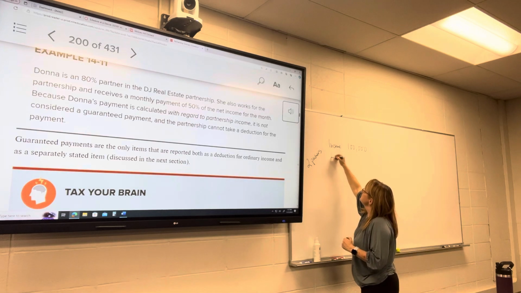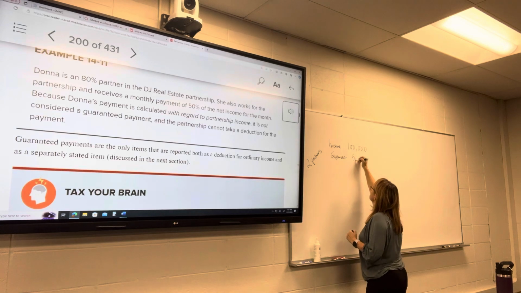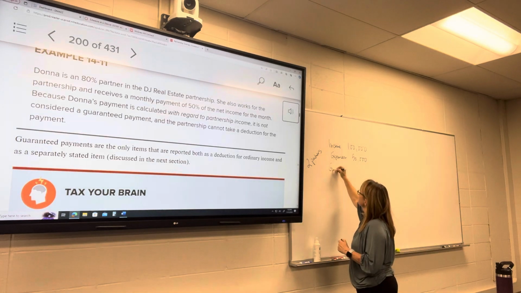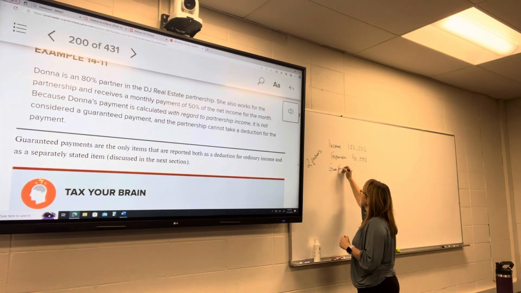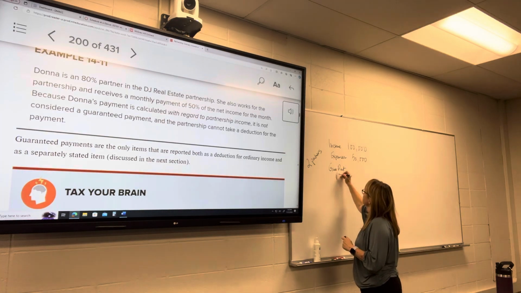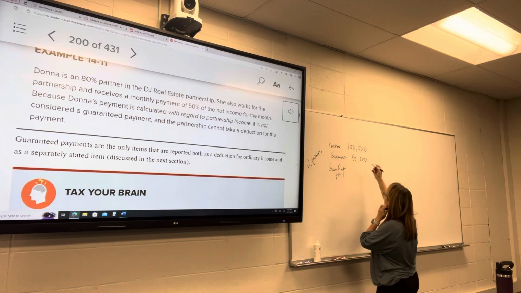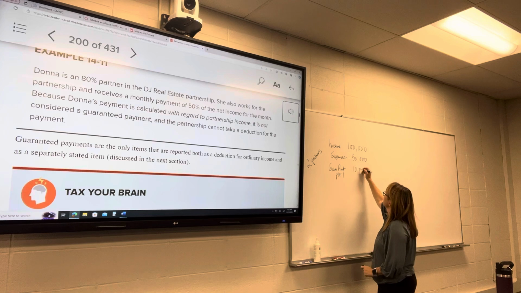Their expenses are $50,000. And then they paid a guaranteed payment to partner one, only to partner one, of $10,000.